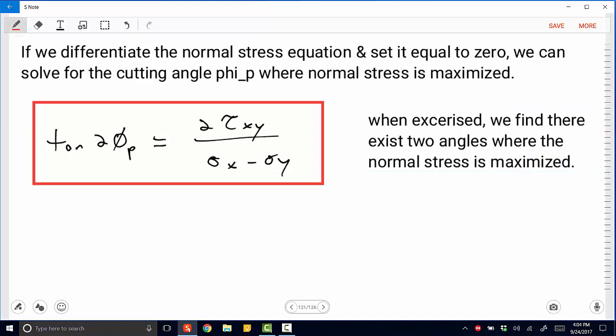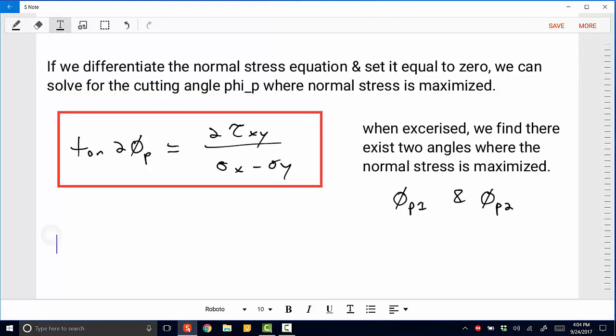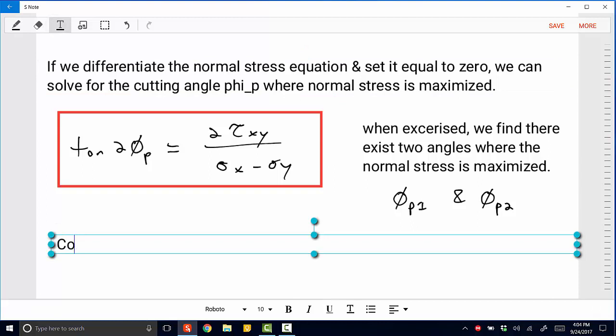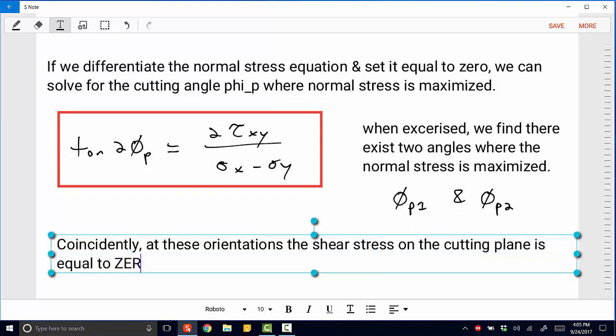So there actually exists a phi P1 and a phi P2, right? So there's actually two orientations where this is maximized. Now, coincidentally, at these orientations, the shear stress on the cutting plane is equal to 0.